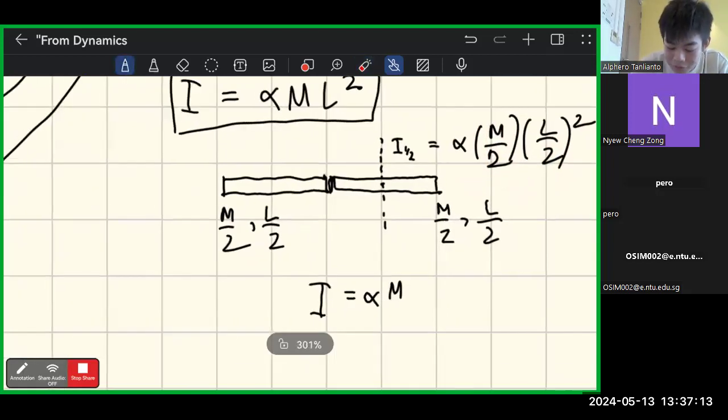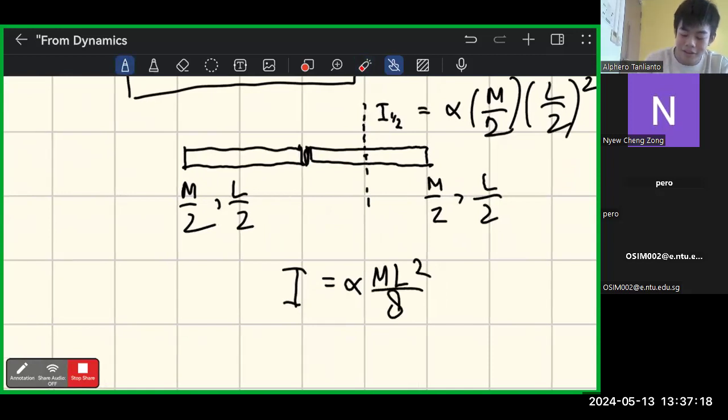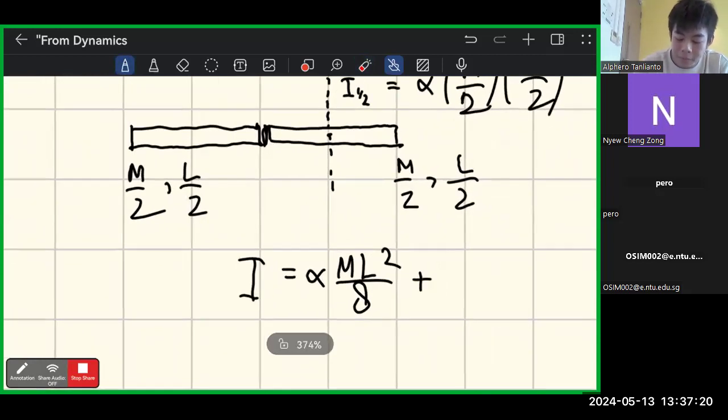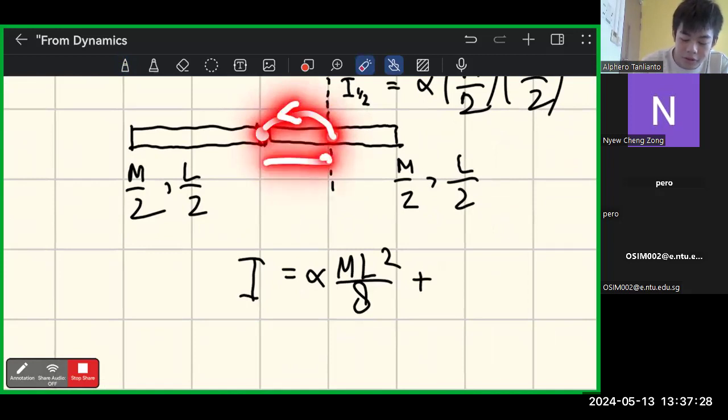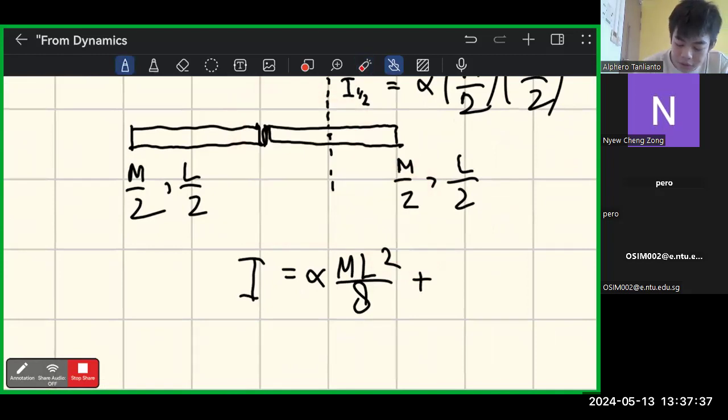Sorry, my math is pretty bad. Over 8. And we add, because this is the center of mass and this is on a different point, it can move, right? The distance is L over 4, because this is L over 2, and this is half of L over 2, which is L over 4. We just add by mass.